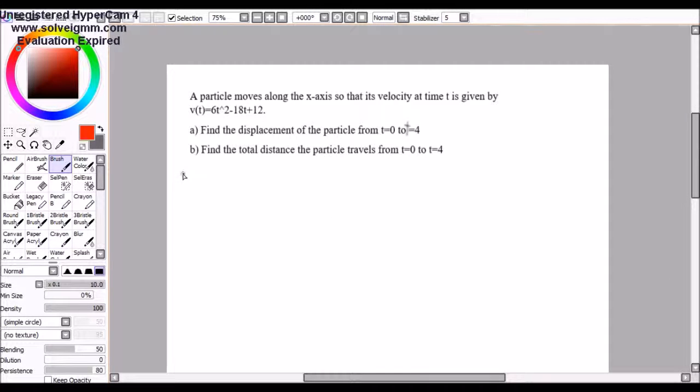So, displacement, or part A of this question, is asking for displacement. So then, displacement of the particle from t equals 0 to t equals 4 would be represented by the particle's position change from this time. So, by the fundamental theorem of calculus, it would just be, oh, that's the general form.